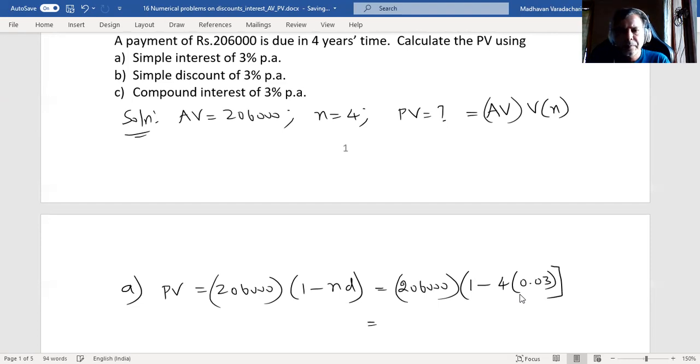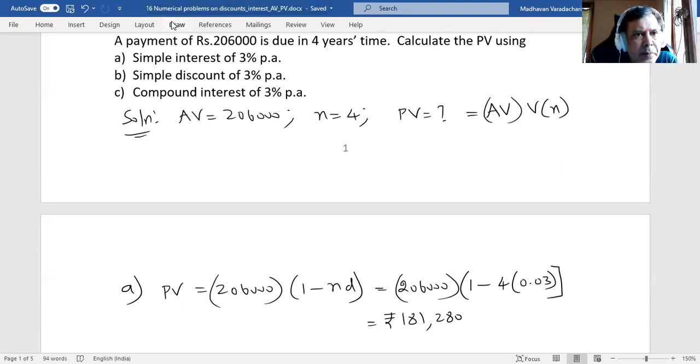What is the result? 0.03 to be subtracted from 1, then multiplied with 206,000. We get rupees 181,280.